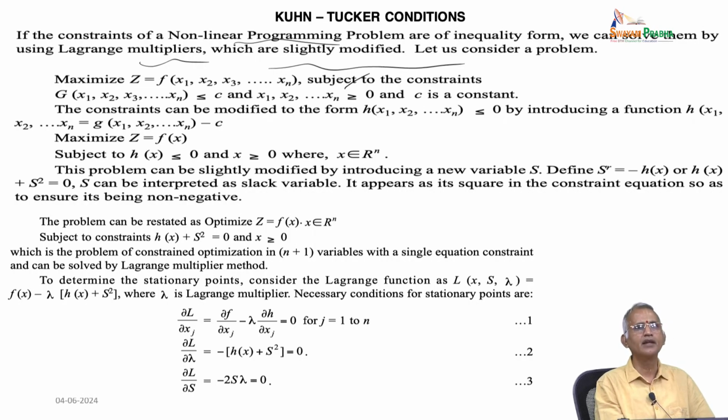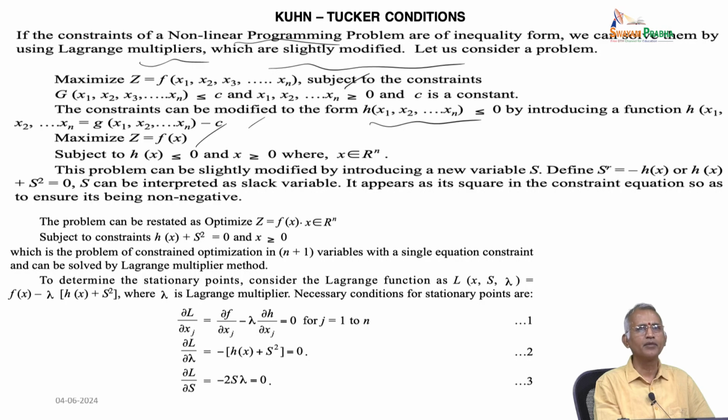This constraint can be modified by introducing h of x equal to g of x minus c. Therefore, maximize z equal to f of x subject to the constraint h of x less than or equal to 0 and x greater than or equal to 0.